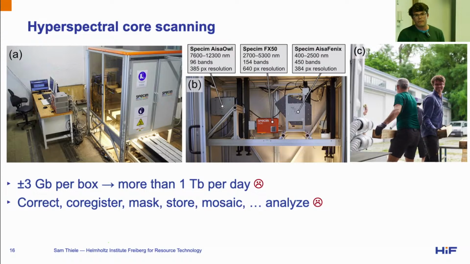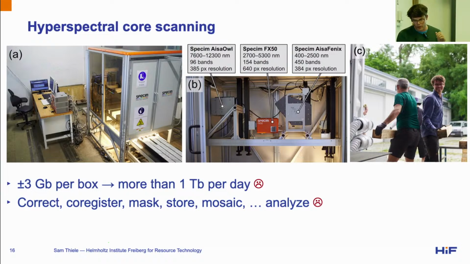You need to mask the images to say, this is rock, and this is plastic, and this is a meter mark, and this is a piece of wood. That keeps us very busy. And then you need to figure out how you're going to store all of this information, organize it in a way that if you're looking for box X in drill core Y, you can find it. And often then you will mosaic them into ways that you can visualize entire boreholes at once as well, of course.